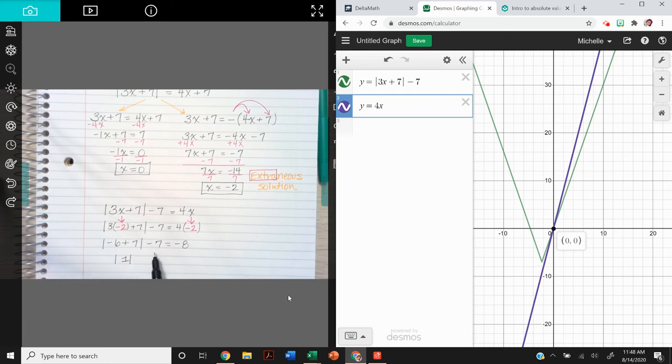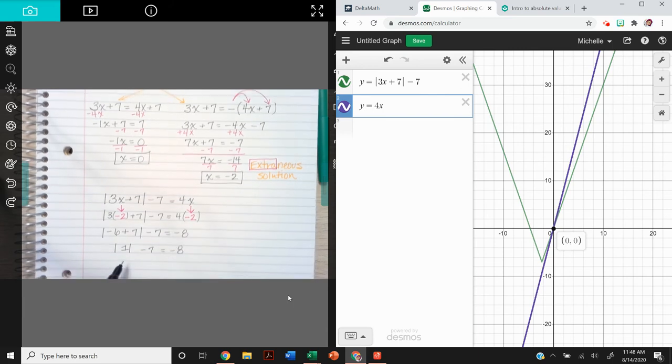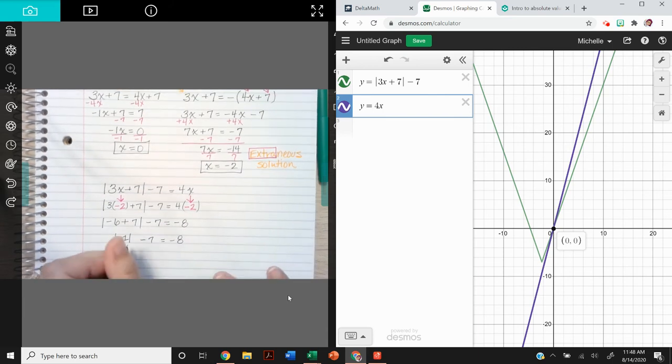And then, okay, I've got this -7 equals -8. Well, what's the absolute value of 1? Absolute value of 1 is 1. 1 minus 7 does not equal -8. Okay, this is false.